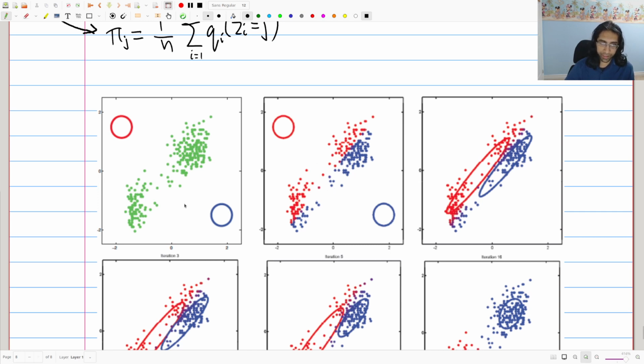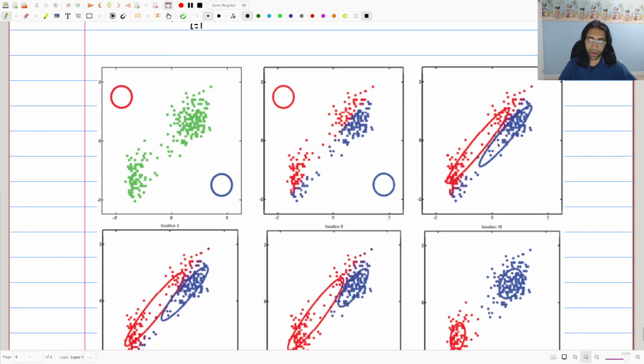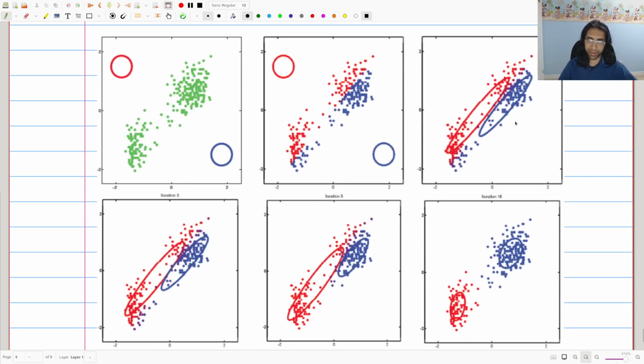Essentially, the points closer to this one are assigned to this, and the red points, closer to this one, are assigned to this. Then from these belongings we can compute new parameters, which give us covariances that look like this. This is of course not the best clustering, but if you run a few iterations, you'll see that gradually these covariances shrink and shrink, and eventually we get the correct distributions.